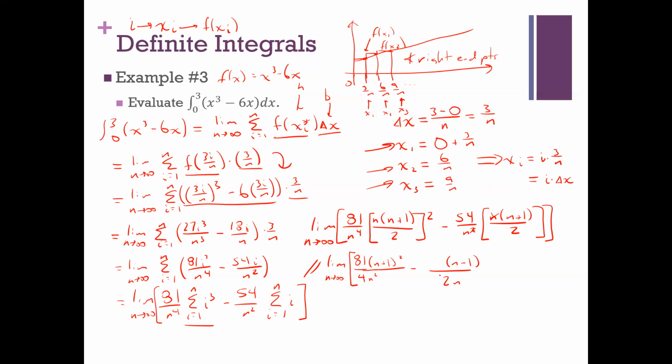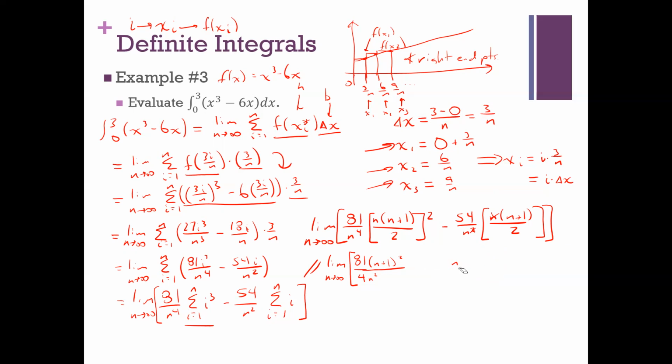I guess I could just call minus 1. Shouldn't have. Thank you. All right. So now it's a matter of us evaluating this limit. I'm going to multiply this one on the left.